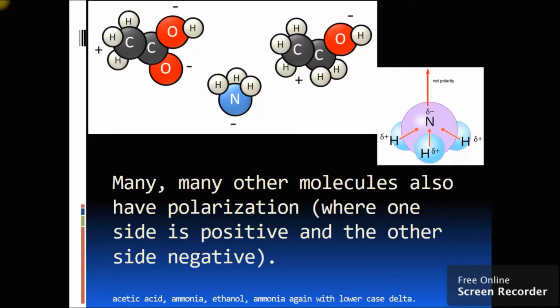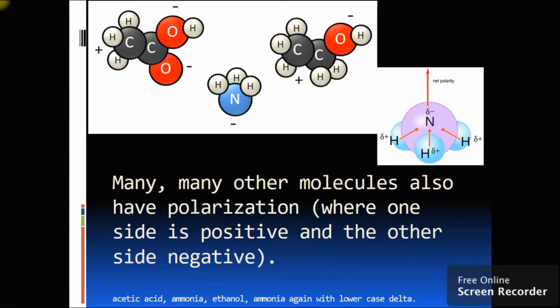So up top, I have 3 molecules, acetic acid, ammonia, and ethanol in the one picture. And then all the way on the right, I have another ammonia. So you can see I've got pluses and minuses on each side of the acetic acid molecule. The negatives are by the oxygen.